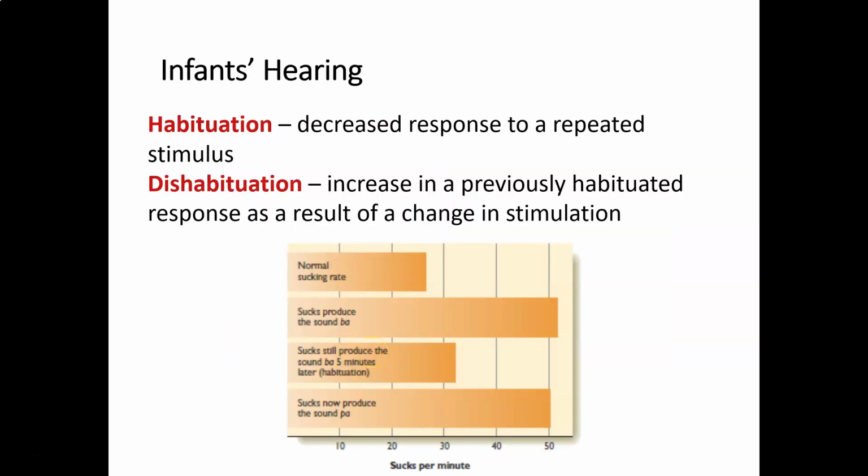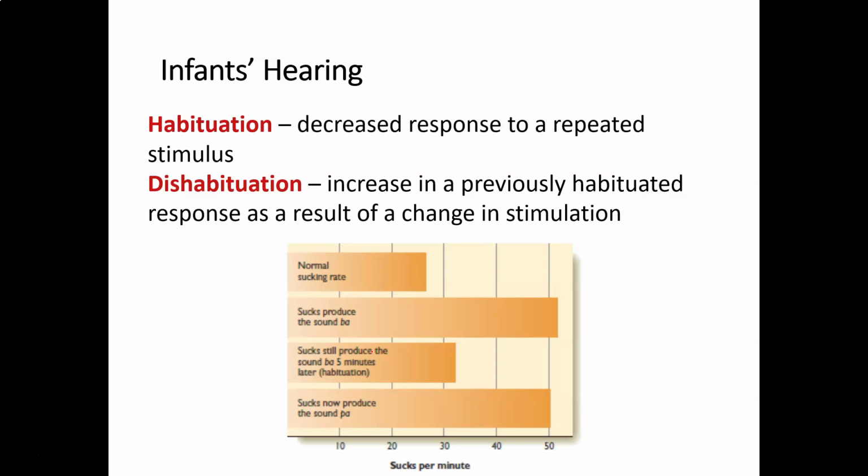Another thing that psychologists have studied, again, because infants don't do much, is infants' hearing. So I'm going to introduce two concepts to you, and then I'll explain how they were studied in infants. Because again, infants don't have language, so it's really hard to study what they hear differently from others. So habituation is this idea of no longer paying attention to a stimulus that doesn't change.